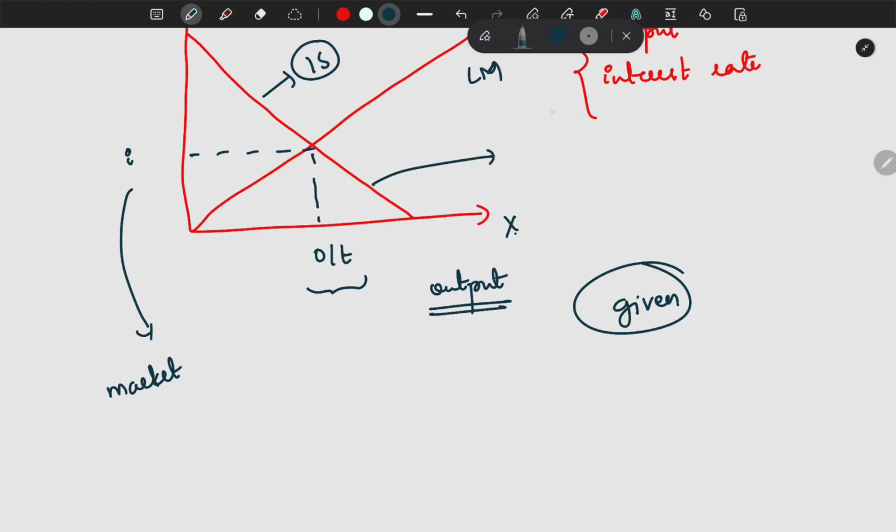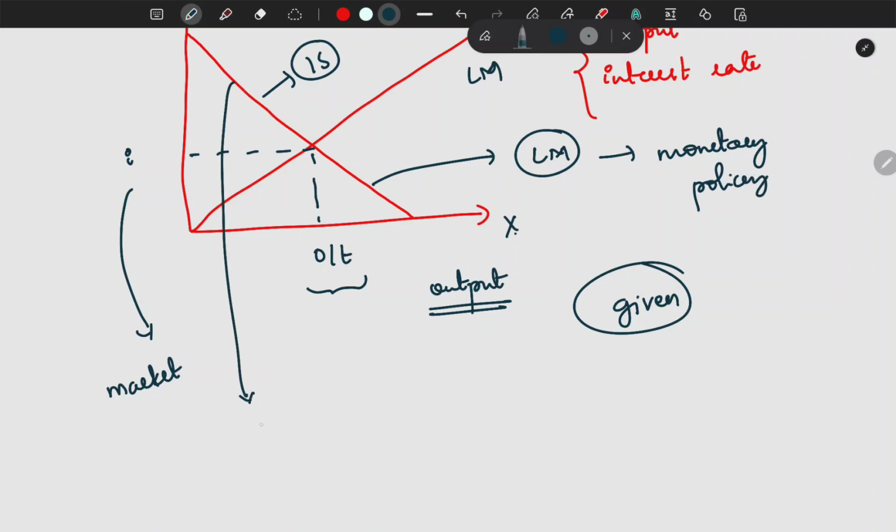Basically, LM talks about monetary policy. Whenever we are working on LM, it's nothing but monetary policy. If we are talking about the IS curve, that talks about fiscal policy, basically the involvement of government.